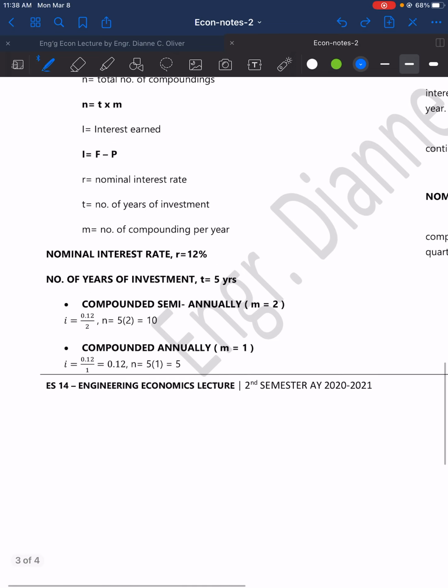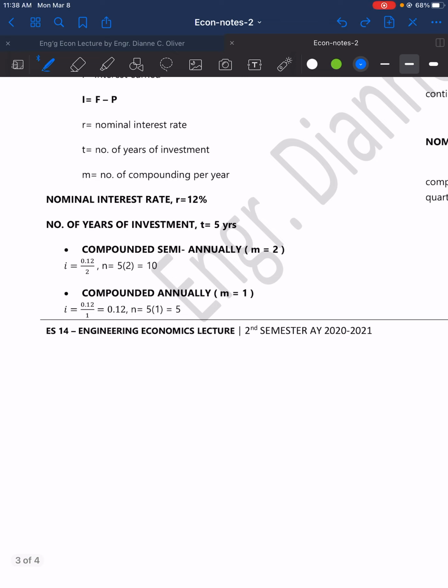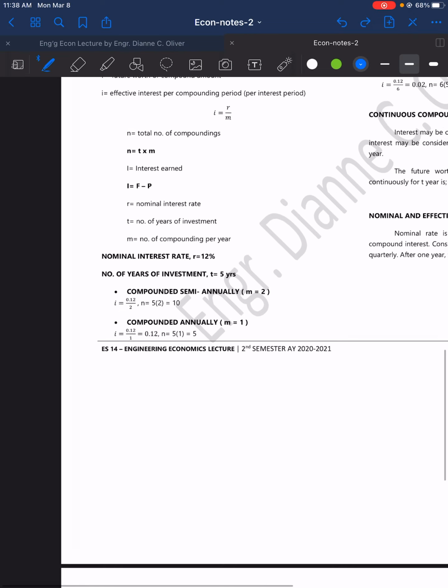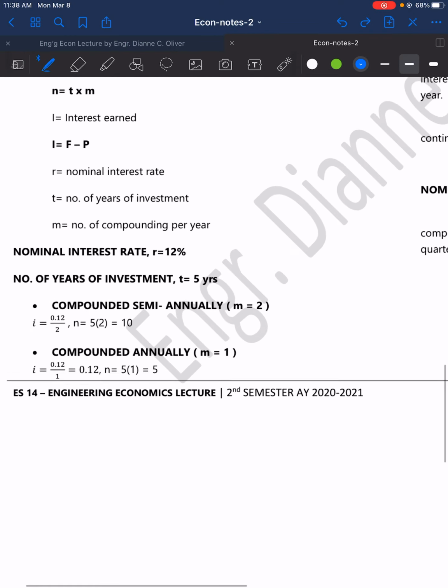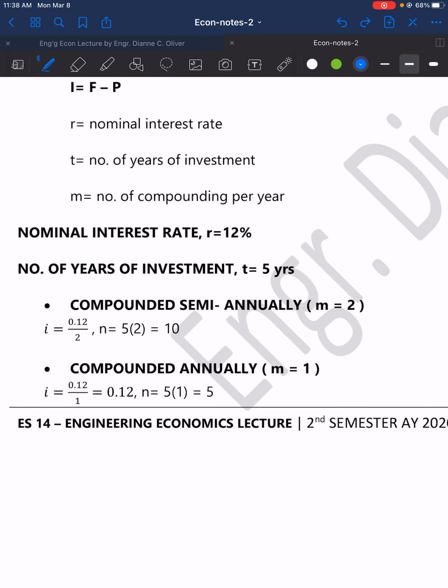Now, here are the examples for nominal interest rate. Given r is equal to 12%, let's differentiate the different time periods. The first one is if the money is compounded semi-annually, so m, or the number of compounding per year, is 2.